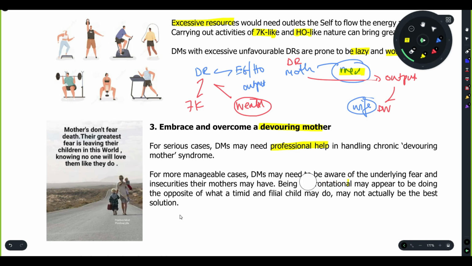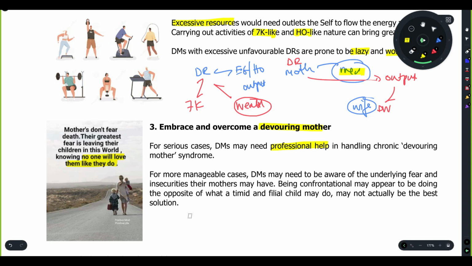Therefore, one may consider that perhaps the way to embrace and overcome the devouring mother will be to appreciate that the mother's love for the child, the mother's greatest fear for the child, is that no one will love them like she does.